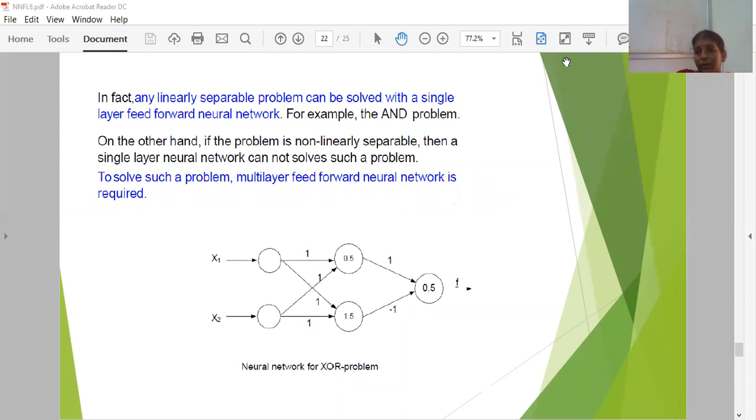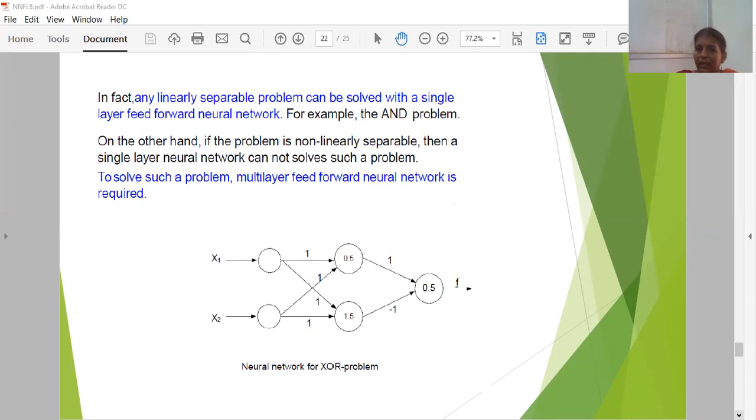Okay, so you are able to use single layer feed forward neural network for linearly separable problem. For non-linearly separable problem, you should solve by using multi-layer feed forward neural network only.